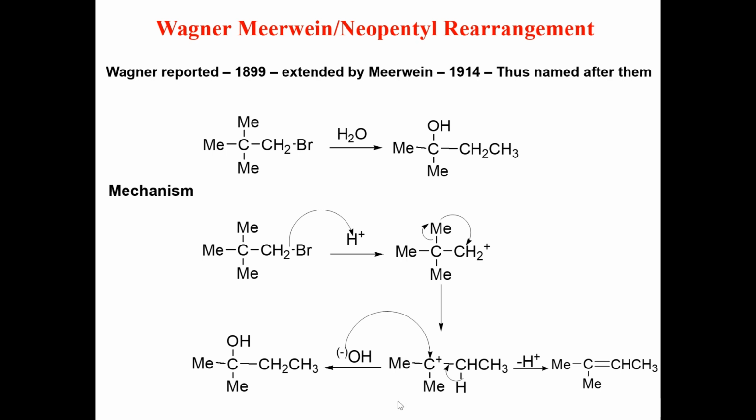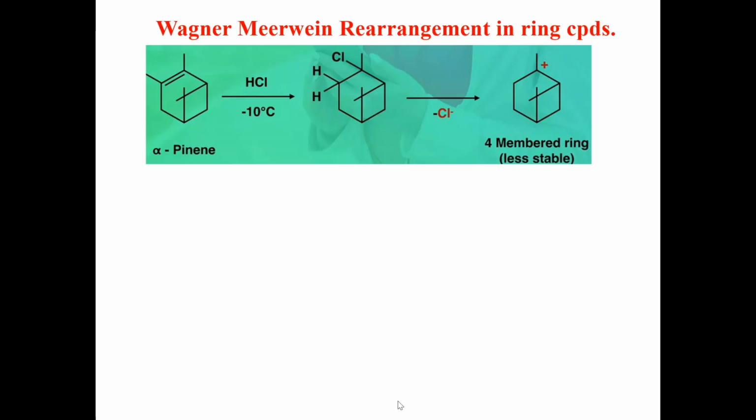This is the Wagner-Meerwein rearrangement. This has been utilized for the synthesis of a few natural compounds. Alpha-pinene, if I take and treat with HCl at minus 10 degrees centigrade, I'll get 1,2-addition and the corresponding H and Cl added onto the double bond.